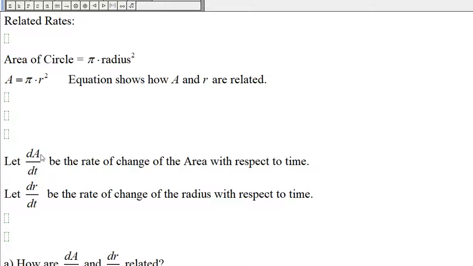This is the change of area divided by the change in time, and it is called the rate of change of the area. dr is the change in radius and dt is the change in time, so dr/dt is the rate of change of the radius. Just like the area and the radius are related by this equation, we'd like to come up with an equation that relates the two rates.